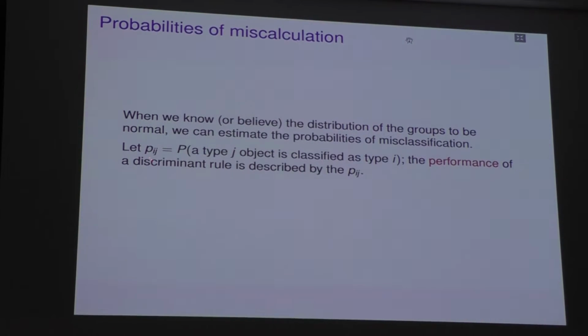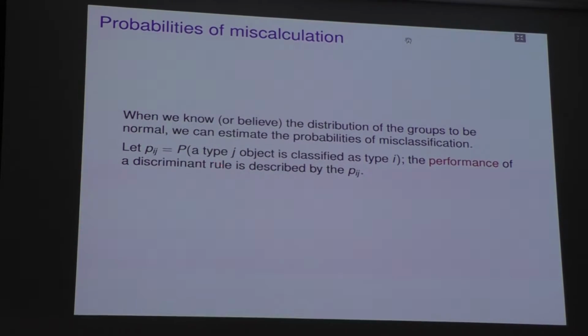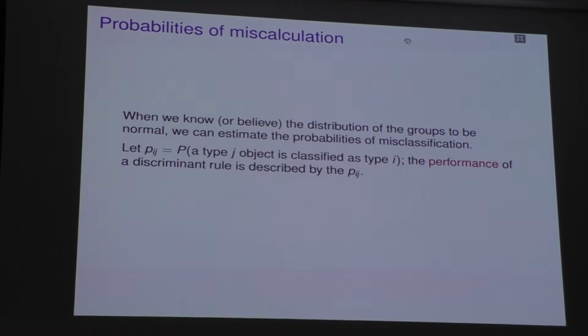So we can define our Pij as the probability that an object of type j is misclassified, or just classified as being of type i. So I should probably say a class j object is classified as being in class i, and we can measure how well our discriminant rules are doing by working out all these Pij's.